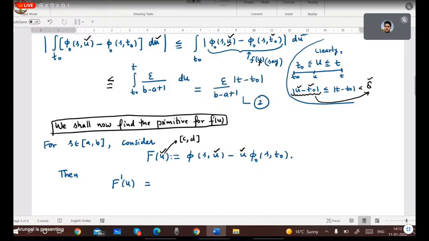S, once chosen in closed interval AB, is fixed for our discussion now. So what will be F dash u? You simply take the partial derivative of phi with respect to u. That is nothing but phi naught. Minus, and now this is fixed, so the derivative of u will be 1. So you will be left with this constant only. Is this okay? And if you notice, this is nothing but what?